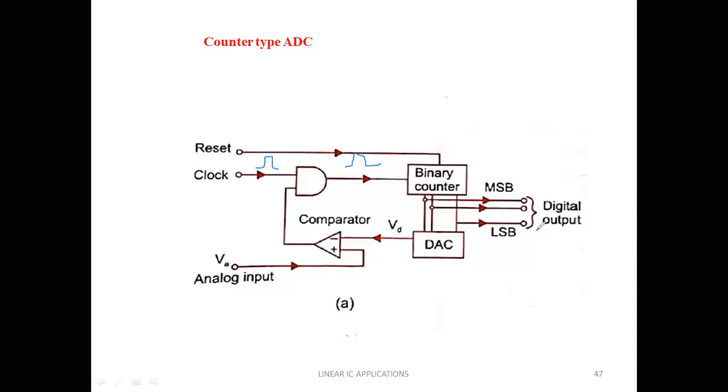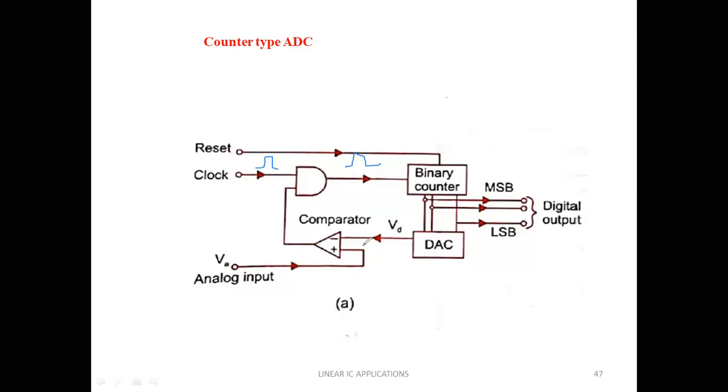Simply put, the analog output voltage VD of the DAC is compared to the analog input VA by the comparator. If VA is greater than VD, the output of the comparator becomes high and the AND gate is enabled to allow the transmission of clock pulses to the counter.